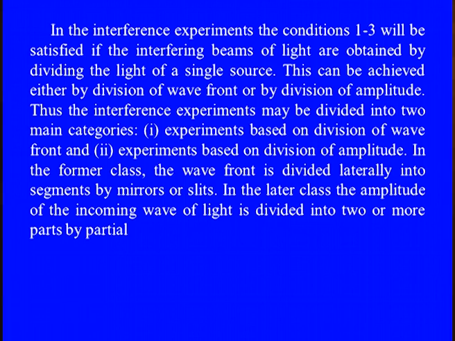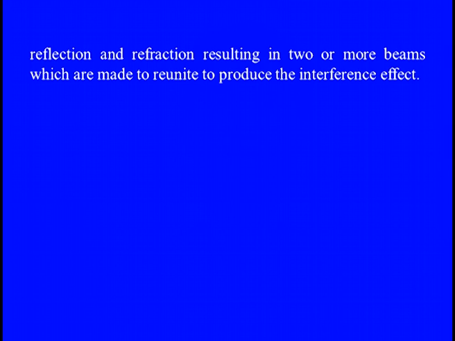In the latter class, the amplitude of the incoming wave of light is divided into two or more parts by partial reflection and refraction, resulting in two or more beams which are made to reunite to produce the interference effect.